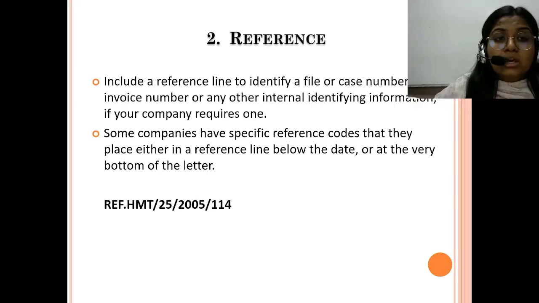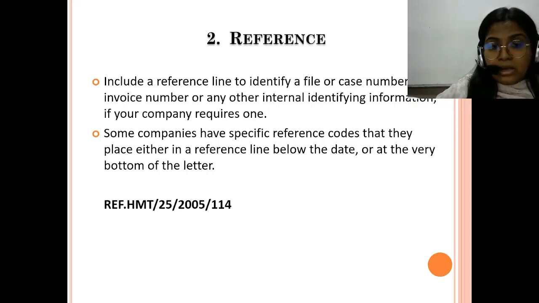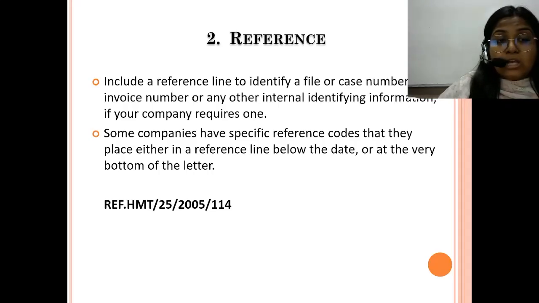If you see some letterheads, at the bottom there is a reference number. Here I have given you an example, REF HTM/25. This is a company's reference number. This way a reference code, case number or invoice number is written there.